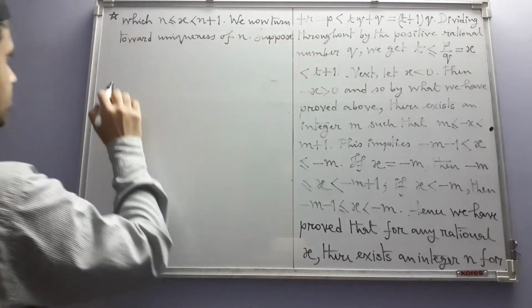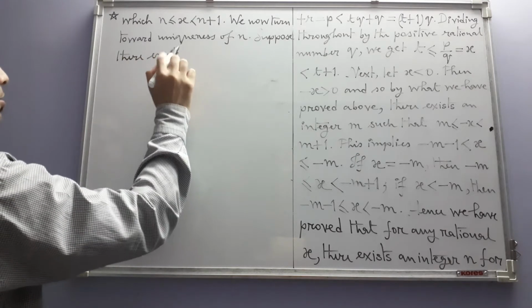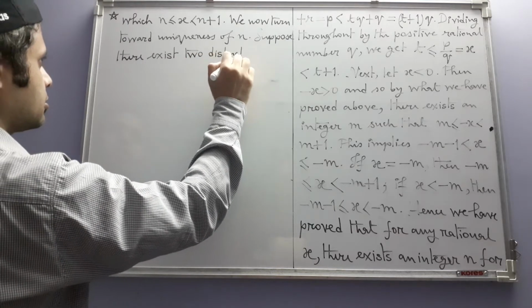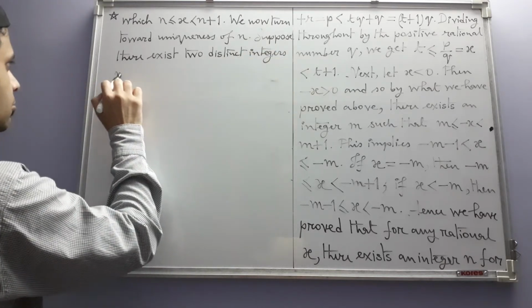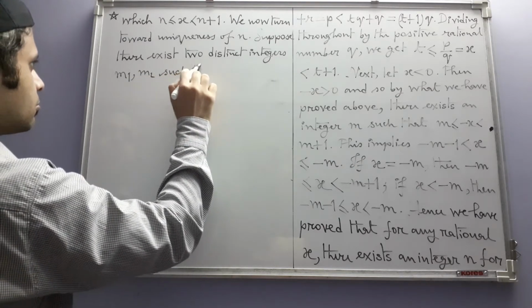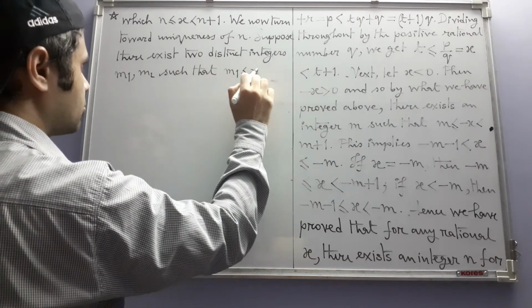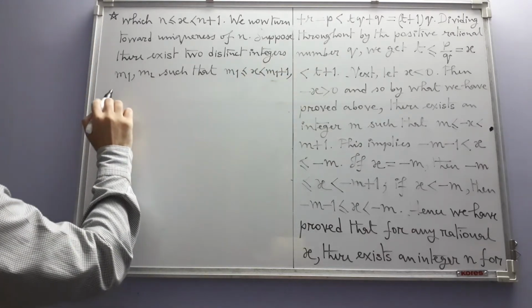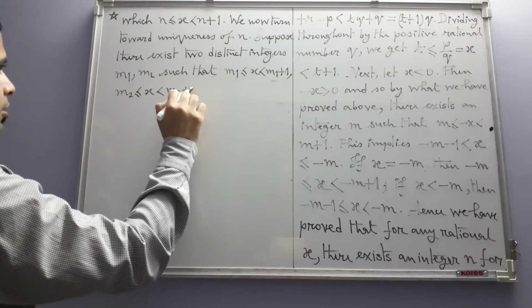Suppose there exist two distinct integers m1 and m2 such that m1 satisfies these inequalities and m2 also satisfies these inequalities.